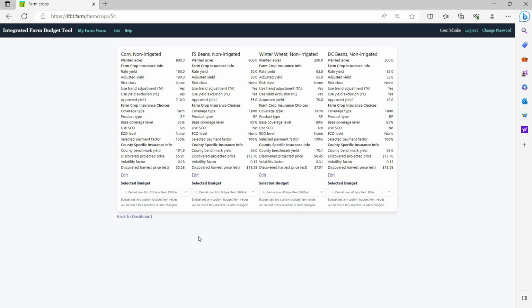So for our example, the farmer and the landlord would agree that 213 is a reasonable yield for corn. $5.91, whatever became the discovered projected price for the spring, would be the benchmark price, and that would produce a benchmark revenue per acre for corn, in our case $1,259.